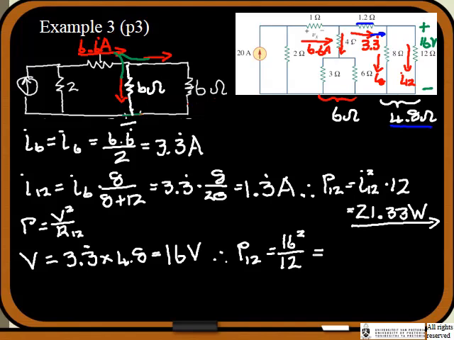And now that better work out, and lo and behold, we get 21.33 watts, irrespective of which way we do it, whether you use current division or voltage division.